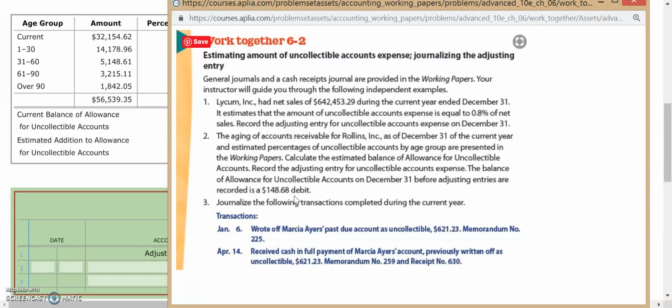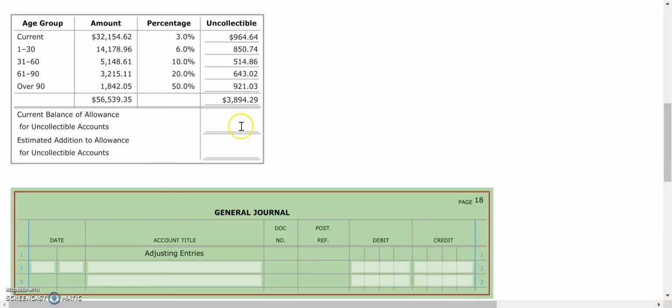So what we need to do when we enter this amount in here is put it in parentheses to indicate that it is technically a negative number. Okay, so we put 148.69. Is it not going to let me put parentheses around it? Can I put a negative in front of it? There we go.